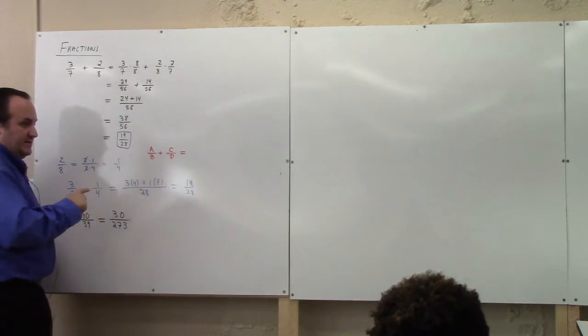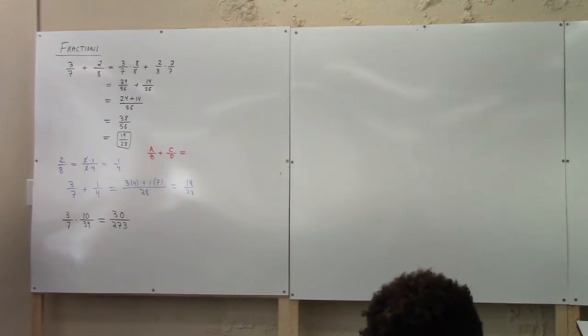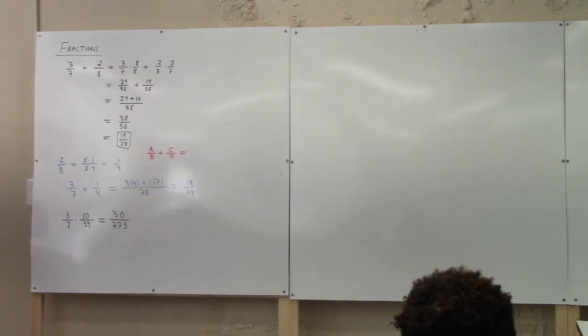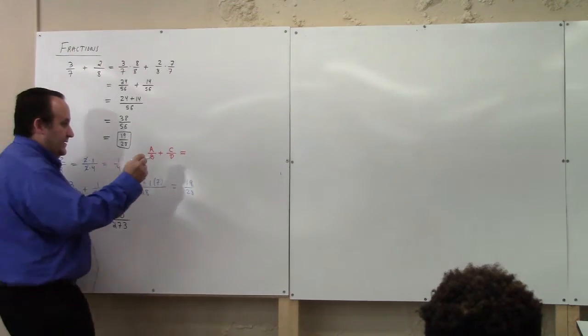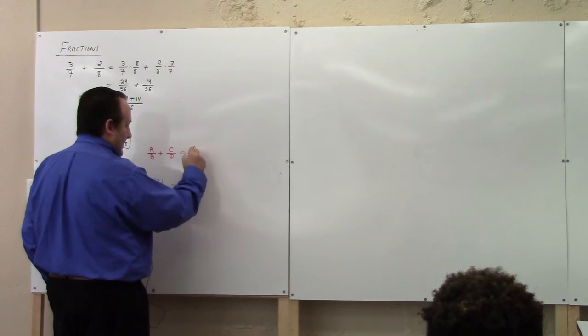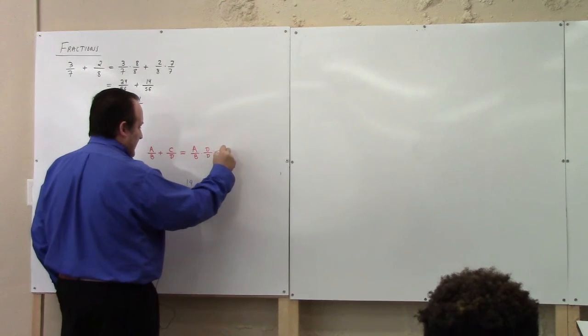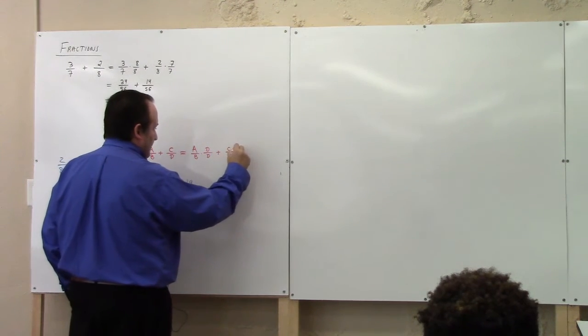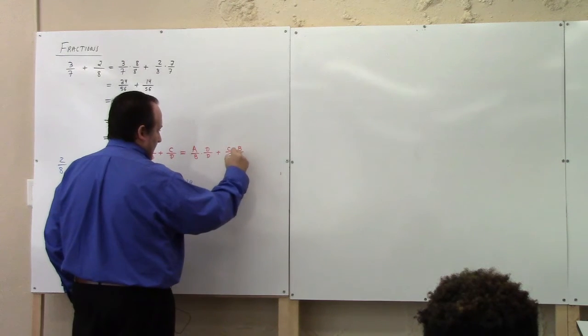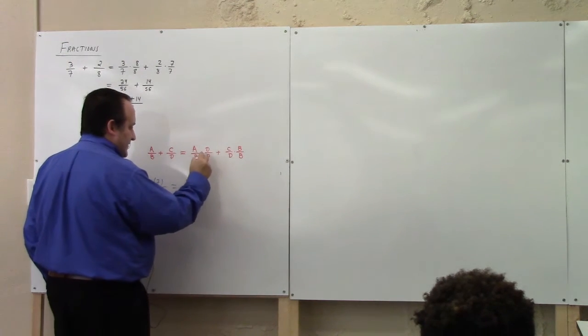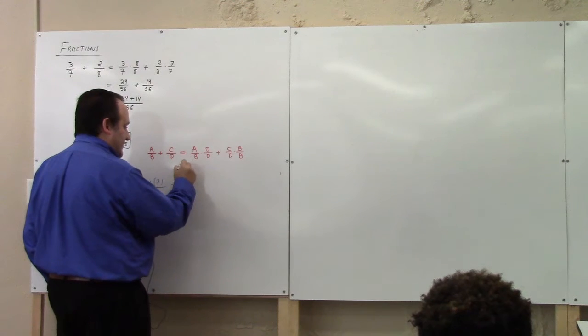All right, so what we can do, the lazy way to add fractions, is just to multiply the first one by d over d. We multiply the second one by b over b. And by doing that, that gives us the same denominator both places, right?